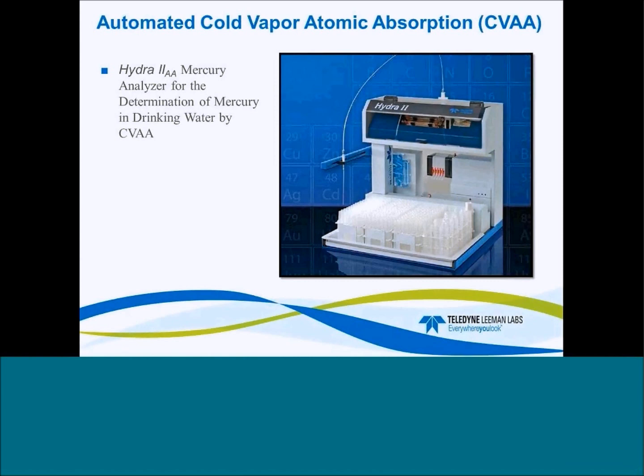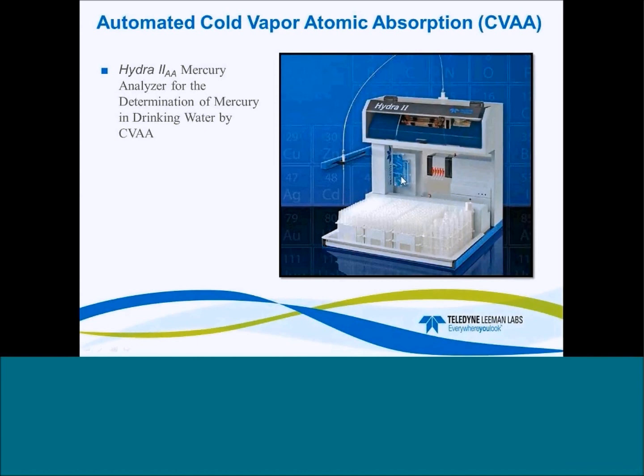Today, most people do use a dedicated or an automated system on an AA. The key difference with automated systems is that they use a peristaltic pump, such as this one here in the Hydra 2AA, to pump both the sample and the reducing agent, the stannous chloride, into a gas liquid separator.